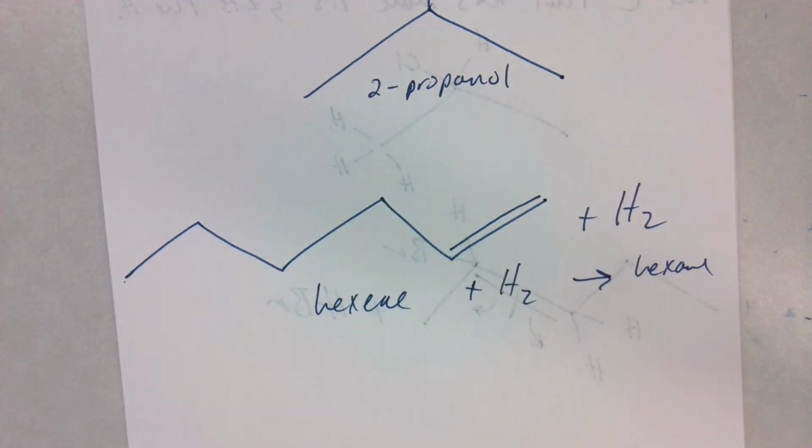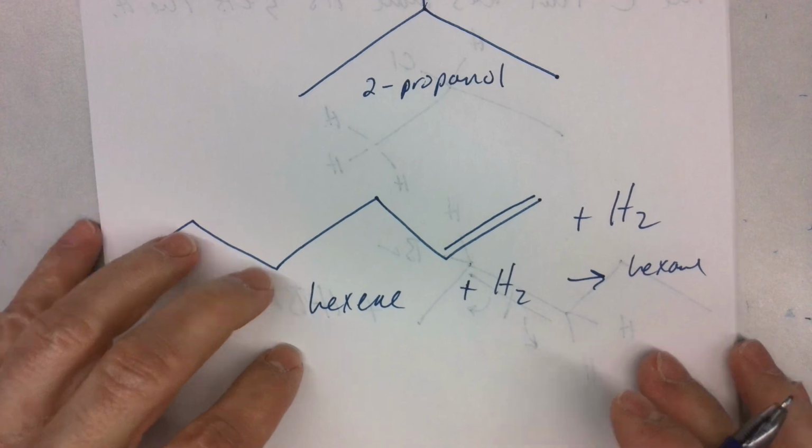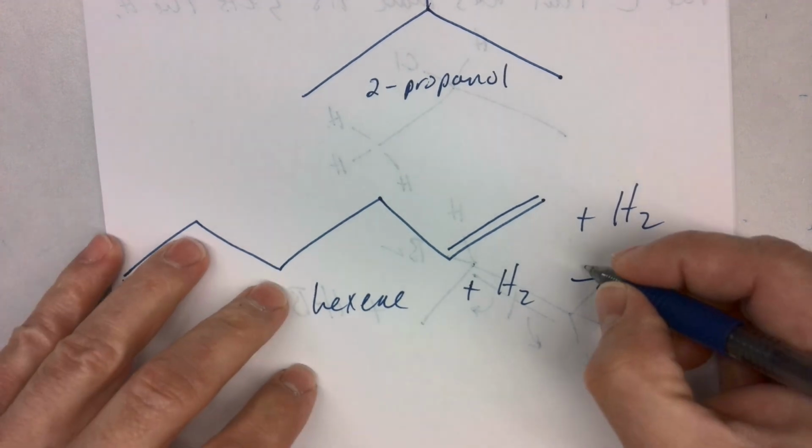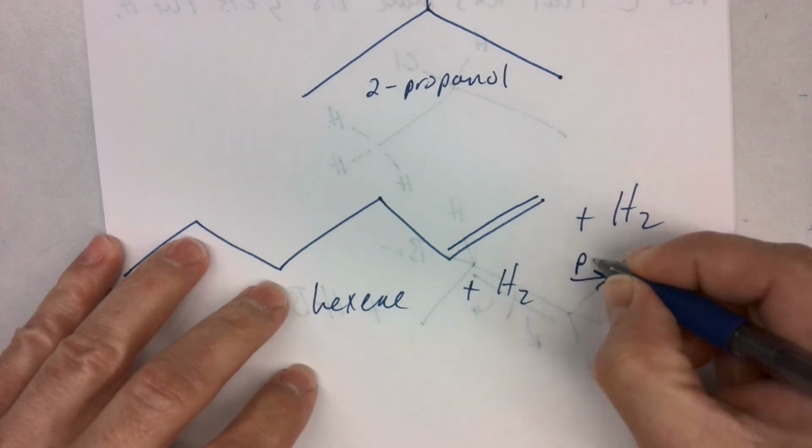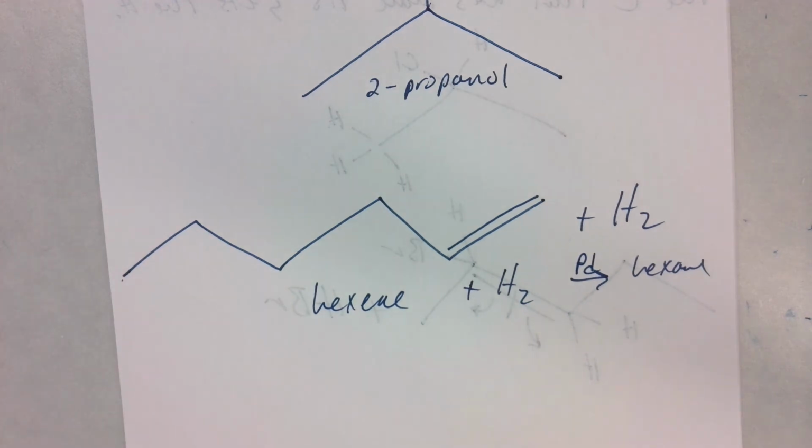Correct? Now, the only thing you've got to remember here is there's a catalyst, and that catalyst is typically Pd, and they would write it just like that.